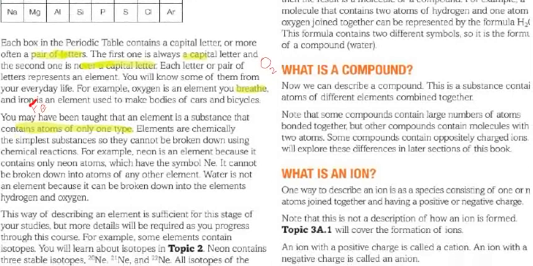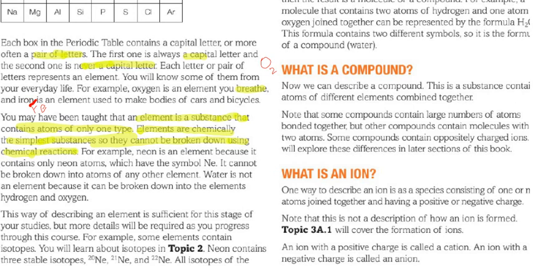Here we start with that. An element is a substance that contains atoms of only one type. Elements are chemically the simplest substances, so they cannot be broken down using chemical reactions.